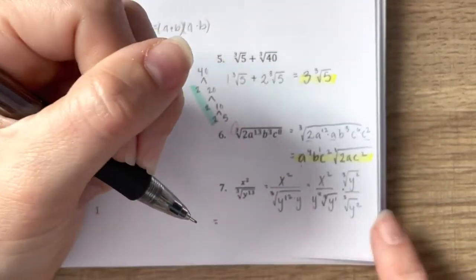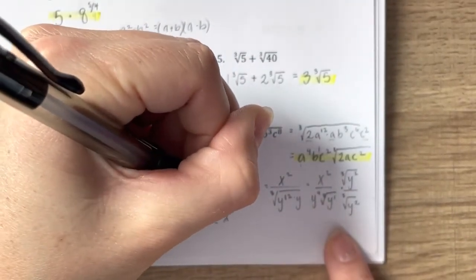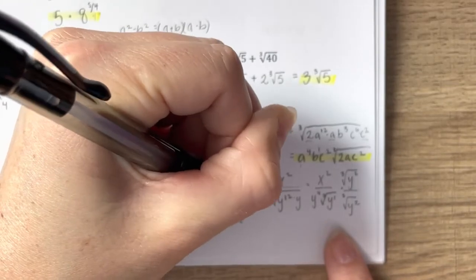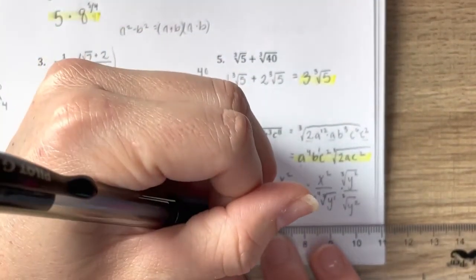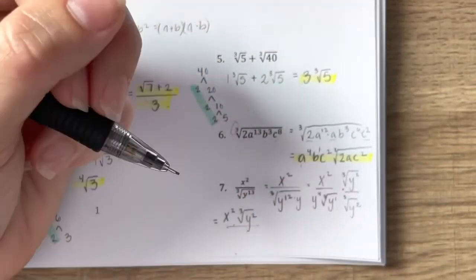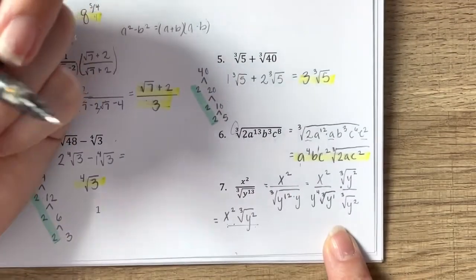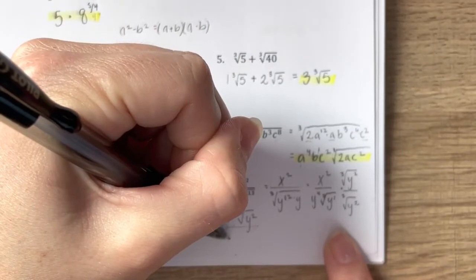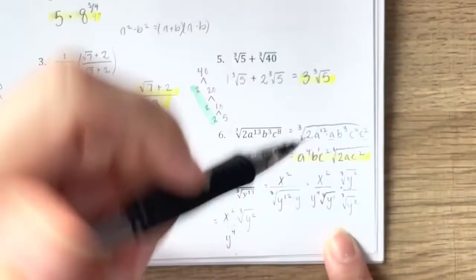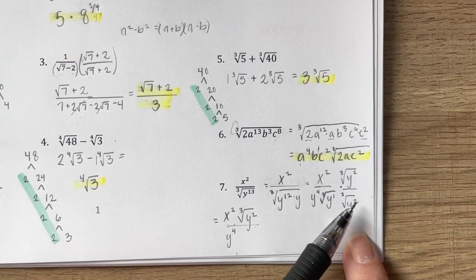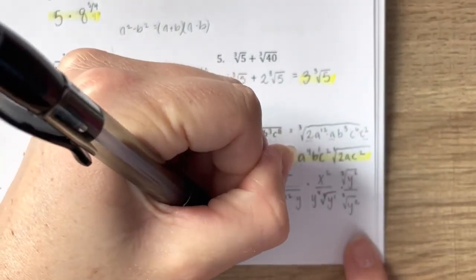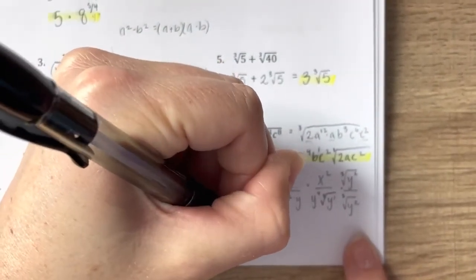And then the numerator becomes x squared times the cubed root of y squared. And then the denominator becomes y to the 4th, and then the cubed root of y to the 1st times the cubed root of y squared. That becomes the cubed root of y cubed, which is what we wanted.